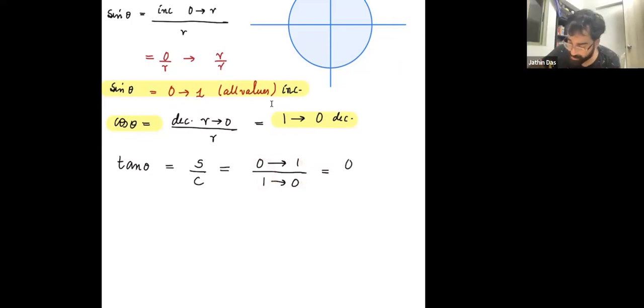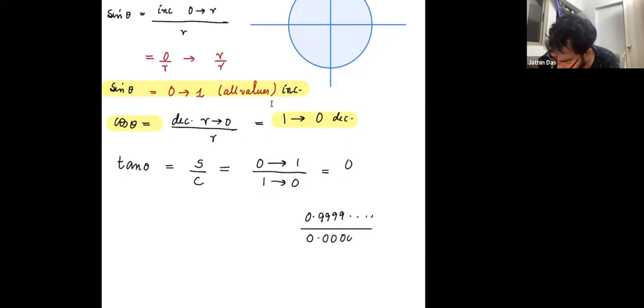Understand, 1 upon 0 is anyway undefined in maths. But you can at least find the value which is closest to it. So this 1 will be 0.999999, and this 0 will be 0.00000 and somewhere it is 1. Correct? Just the value right before 1 by 0.